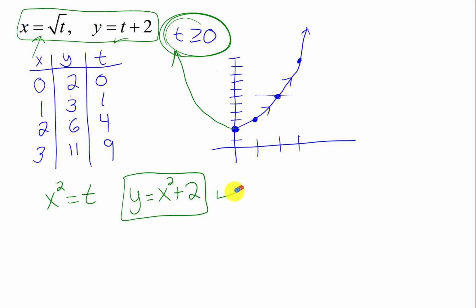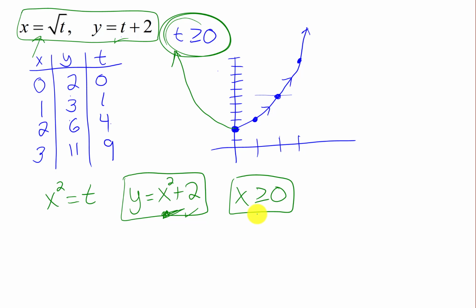So if I didn't list a restriction for x on this particular one, it would be the whole parabola, and that wouldn't be right. So we only want the piece of the parabola from where x is greater than or equal to 0. So this is the restriction because the original graph and graph of what I got when I eliminated the parameter wouldn't match without that restriction.